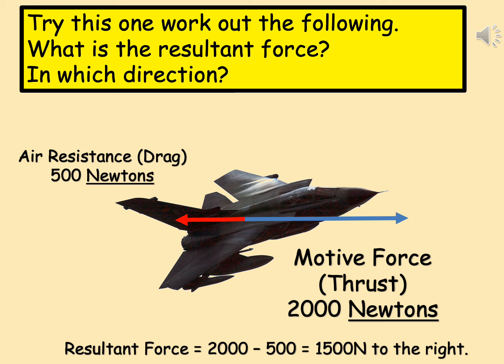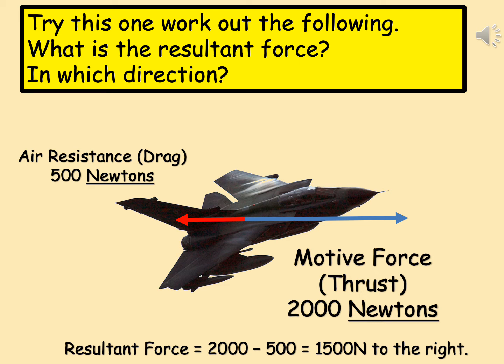So if I'm going to find out the resultant force, the sum of these forces, I need to add them together. So 2000 plus minus 500 just becomes 2000 minus 500, which then gives me my answer of my resultant force of 1500 newtons.